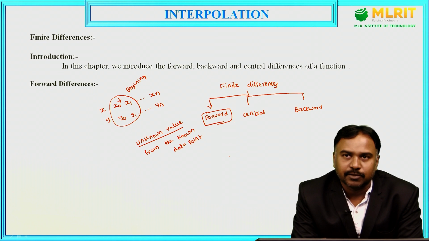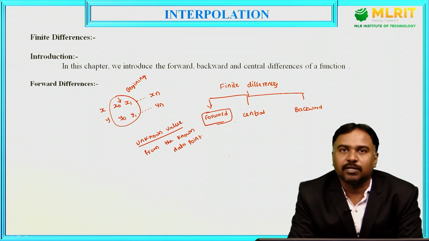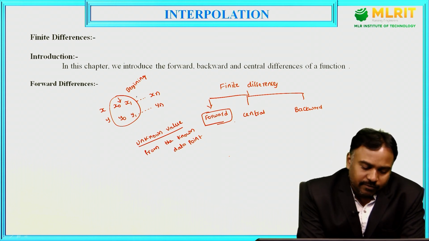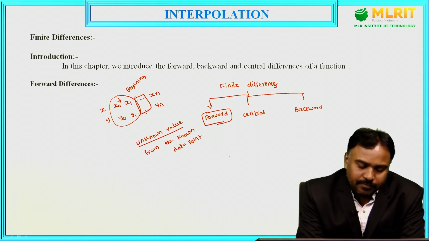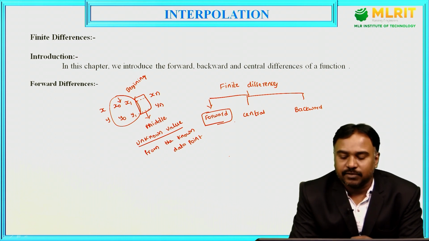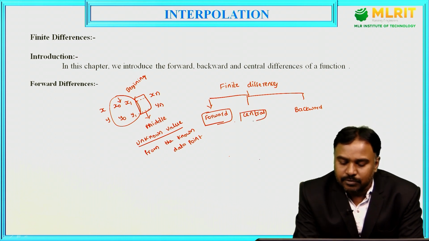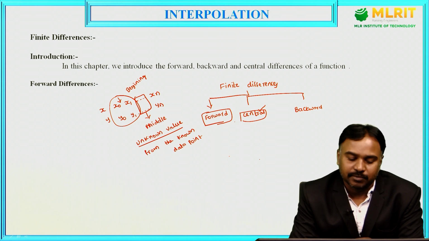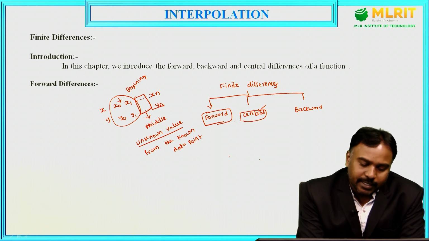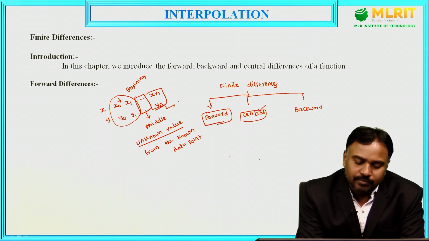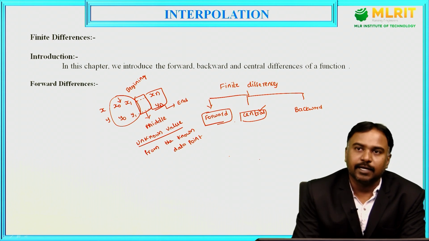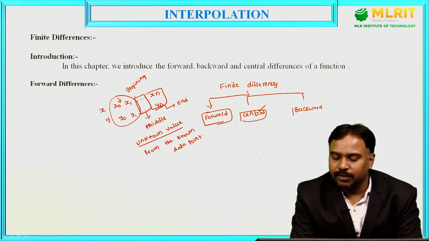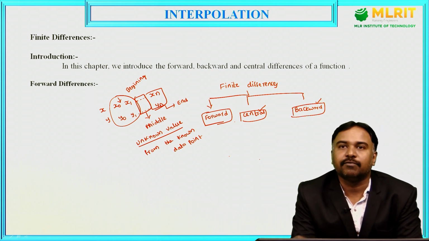If it is located around the end of the table, we use the backward differences concept.